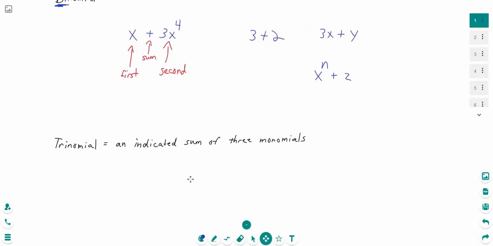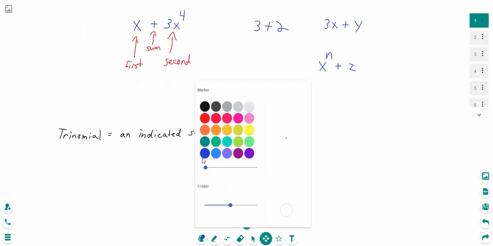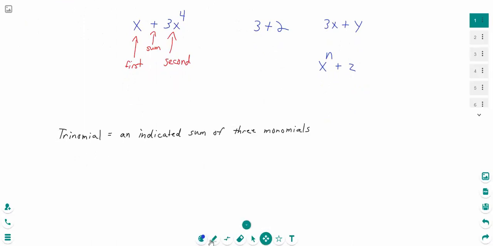A trinomial. Well, now this one should be even easier because, of course, we see the prefix tri. And what does tri indicate? Well, whenever we see tri, we should think of the number 3. Okay? So we have a trinomial, a 3-nomial, or an indicated sum of 3 monomials.